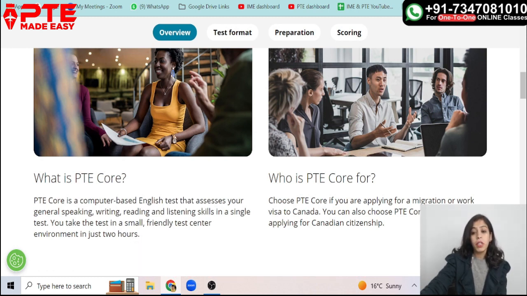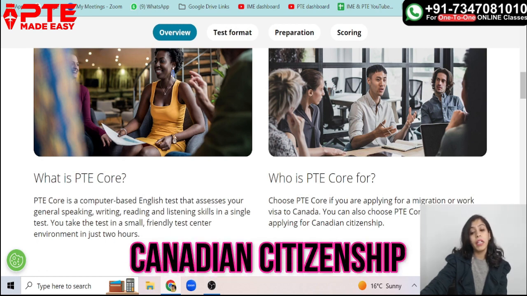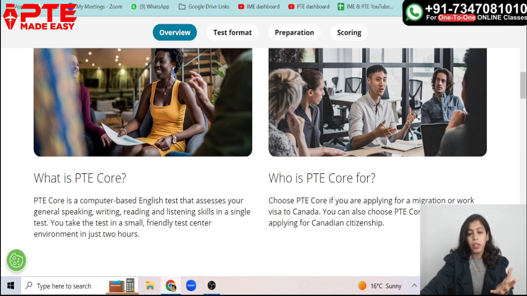You can also choose PTE Core if you are applying for Canadian citizenship. If you go there on a study visa, later on you have to apply for permanent residency, and then also you can opt for PTE Core, and later for citizenship purposes also.